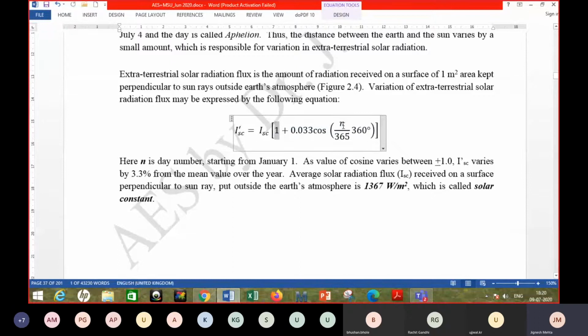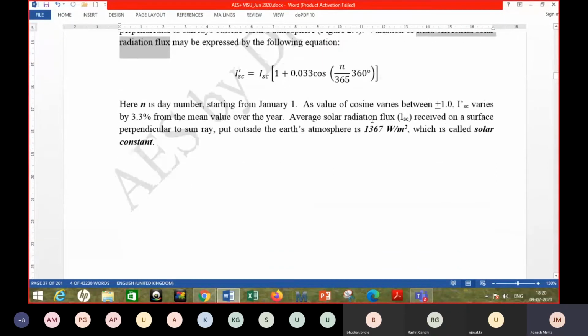So if the second term is equal to 0, then it's exactly equal to 1367. But on other days, it may be higher or lower than that, and that is nothing but the value of the extraterrestrial solar radiation flux. We call it flux because the unit is watt per meter square. Okay.